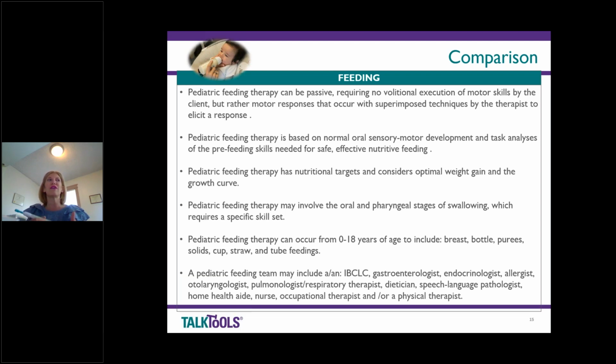So pre-feeding therapy is really that oral motor therapy, and developing the skills that are needed based on developmental norms. Pediatric feeding therapy also has nutritional targets and targets optimal weight gain. So often we're working with a nutritionist, and if baby's not accepting enough purees and solids, how are we supplementing that with breast milk or formula?